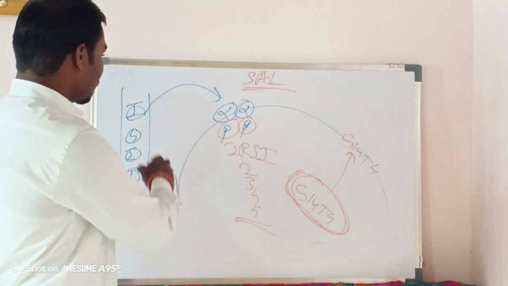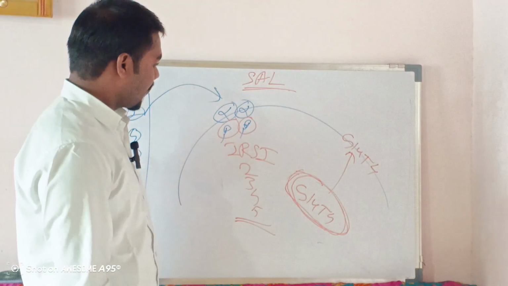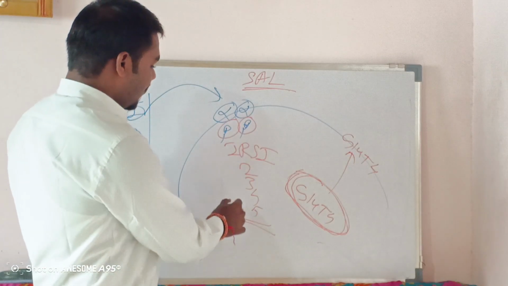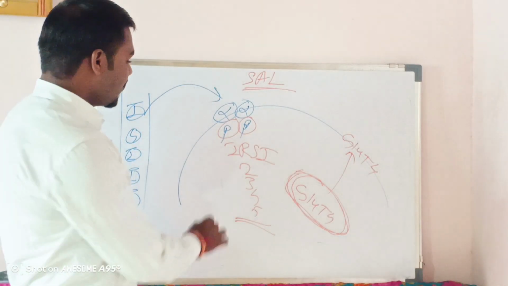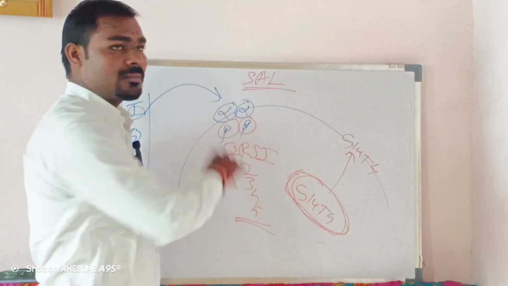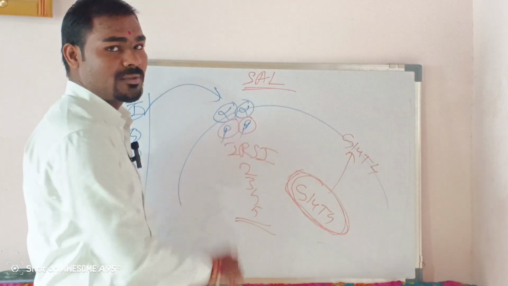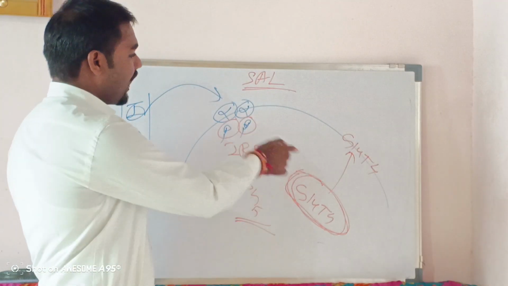If the target organ is liver, then this cell is a hepatocyte. If it is skeletal muscle, then it is a skeletal muscle cell. If it is adipose tissue, then it is a fat cell.